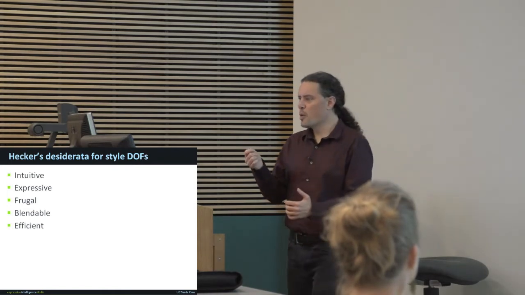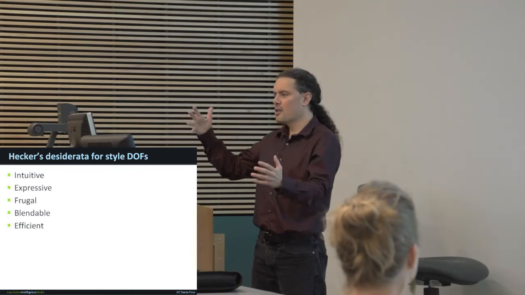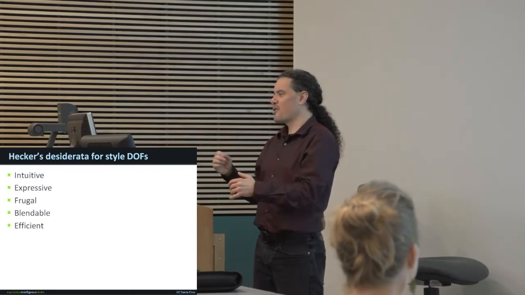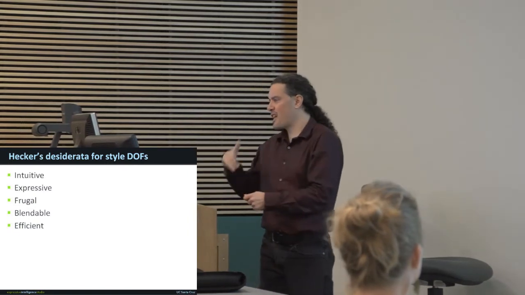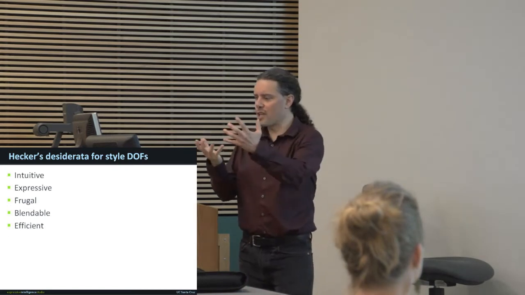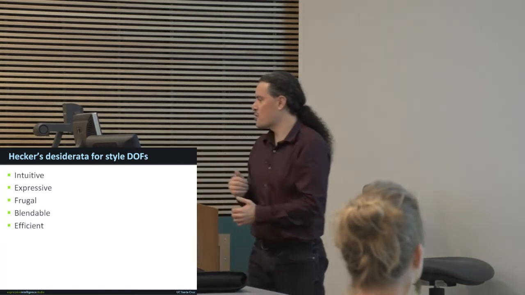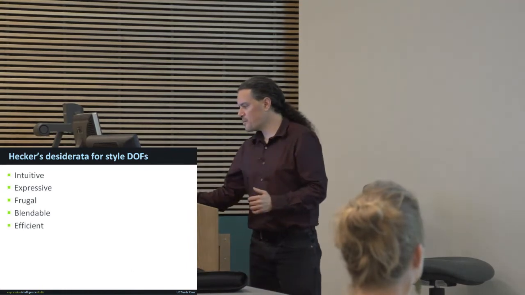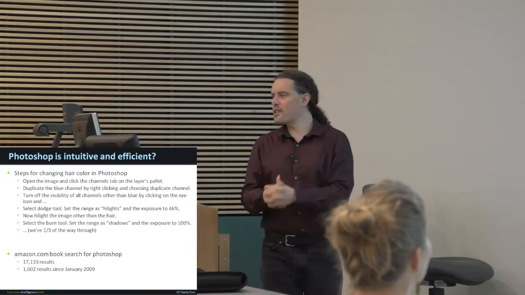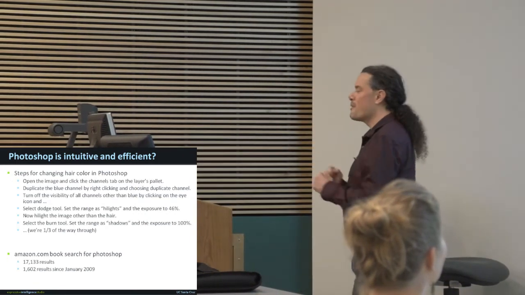It doesn't make you represent a whole bunch of extra stuff above and beyond the job you're trying to solve, which is the texture, right? You don't have to bend over backwards to represent the texture. You can represent it pretty directly. It's blendable. You can take several textures, and there are algorithms for combining them into new textures, and it's efficient.